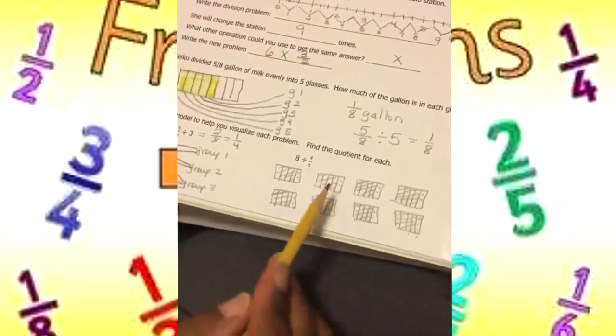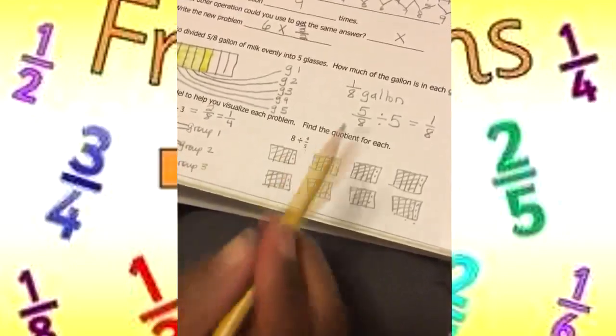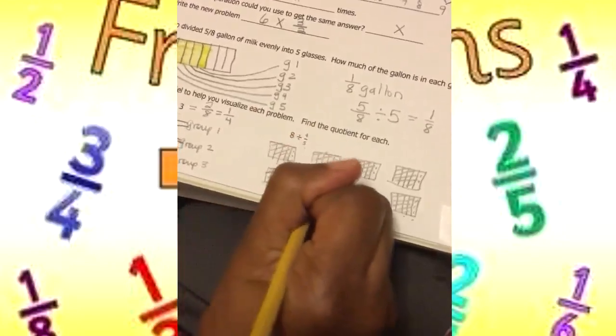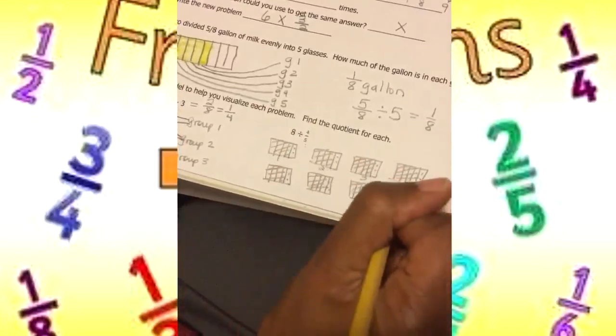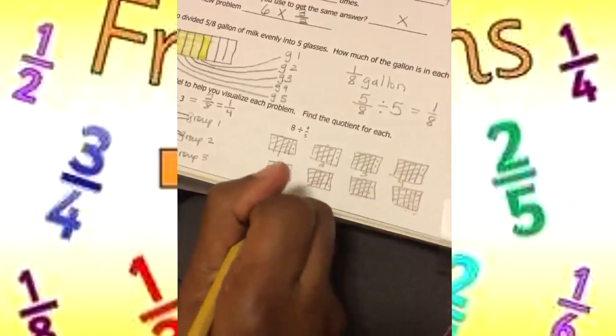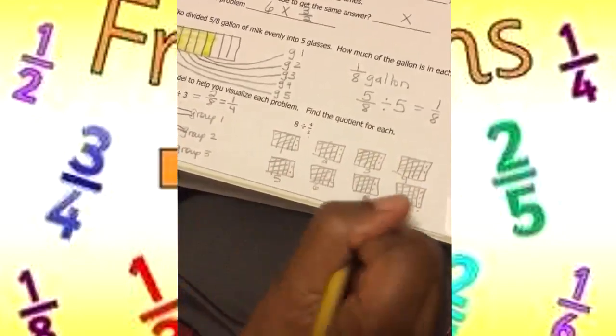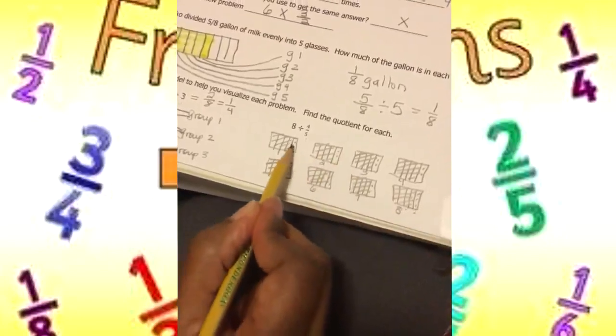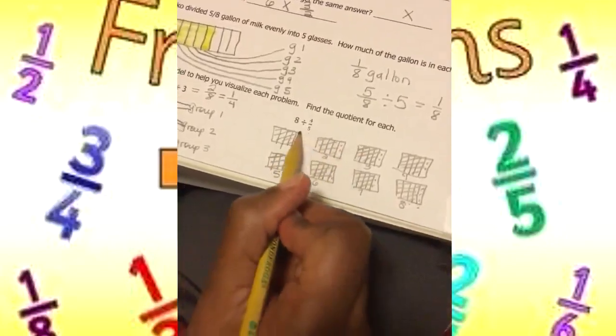So now let's count how many groups containing 4/5 can I make out of 8 things. So here's 1, 2, 3, 4, 5, 6, 7, 8. And then these 4 combine.